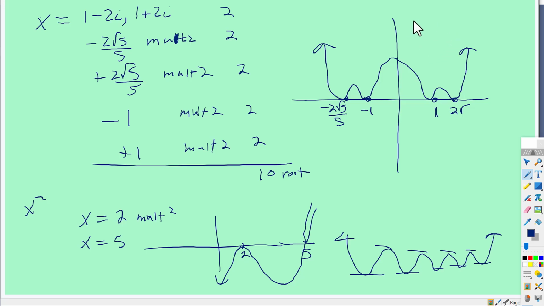And then remember, up here somewhere are the 2 complex roots. So we've got 2 here, because that was a multiplicity of 2, 2 here, 2 here, 2 here. All right, that's it for this one.